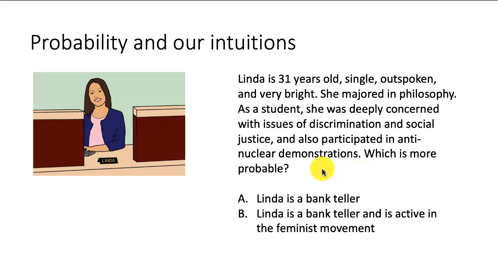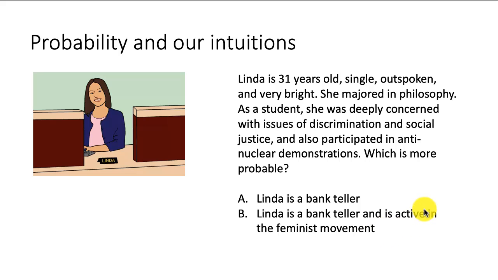Okay, which is more probable? Is A, the event that Linda is a bank teller? That is event A. Event B is Linda is a bank teller and is active in the feminist movement. Okay, which of these two outcomes has a higher probability or is more likely?